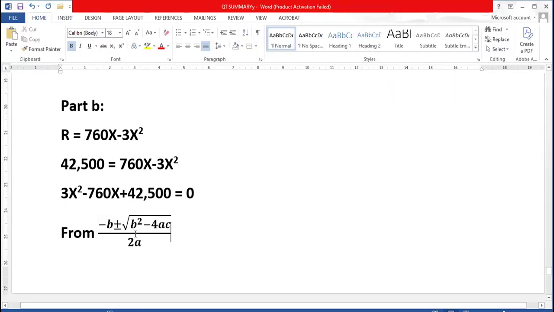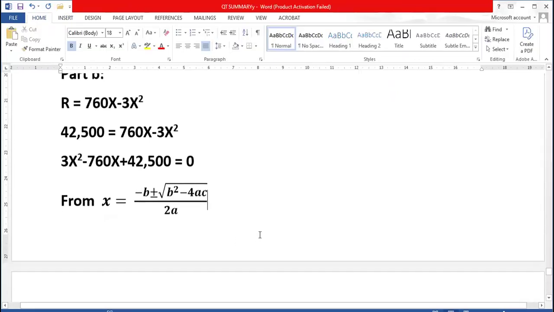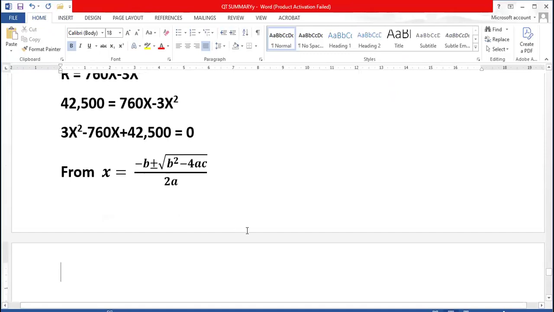This is your quadratic formula: x is equal to, that is your quadratic formula. What is your A? A is the figure you have here. A is 3. If you have x squared only, it means that A will be 1. So A is 3, then B is negative 760.